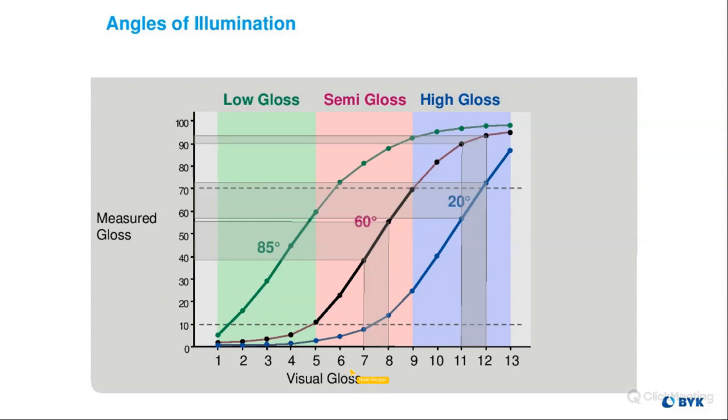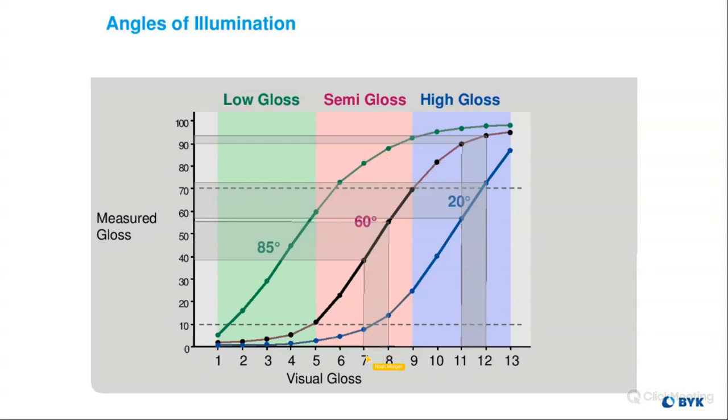Now, the same is true if we go to a semi-gloss, where we see now that the 60-degree angle has a better performance compared to the 85 and the 20. For example, if we're looking at samples 7 and 8, if we were to use the 85-degree angle, that would correspond to sample 7 being around, let's say, 81 gloss units, and sample 8 being around 90 gloss units.